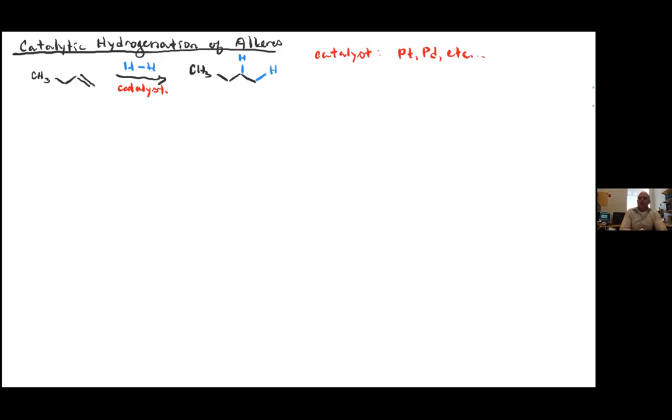We're not going to talk about the mechanism because the mechanism is complex. A lot of these catalysts are what we call heterogeneous, so they don't dissolve in solution, and that means you have an unusual but very interesting scenario where the alkene and the hydrogen are combining at the surface of these metals.